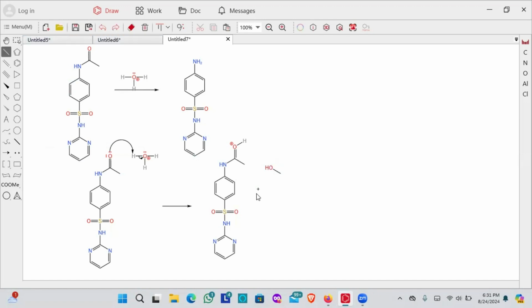Let's draw it another way so that we can see the mechanism clearly. Adding the hydrogens, let's add the hydrogens on the water molecule. Move this down a little bit. So what we're going to have is that the water molecule is going to attack the carbonyl carbon, which is then going to break this double bond here into a single bond, sending the electron pairs onto the oxygen atom.